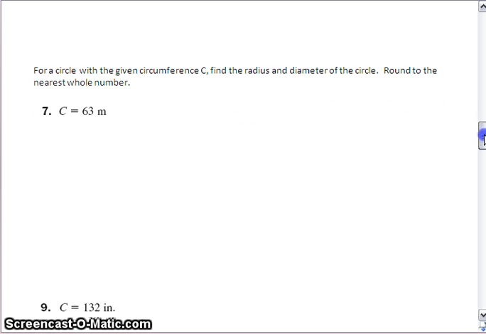Sometimes you'll know the circumference of your circle, and it's going to ask you to find the radius and the diameter. Now this one's a little different. Again, I know that my circumference, or 63, equals diameter times pi. I need to use my transformation principle, so I'm going to divide both sides by pi.